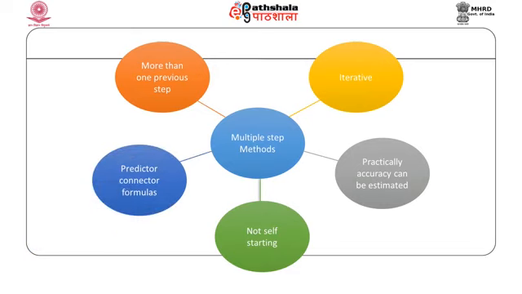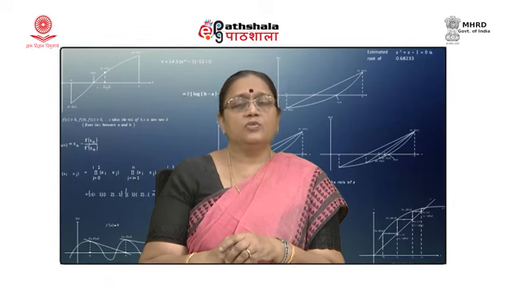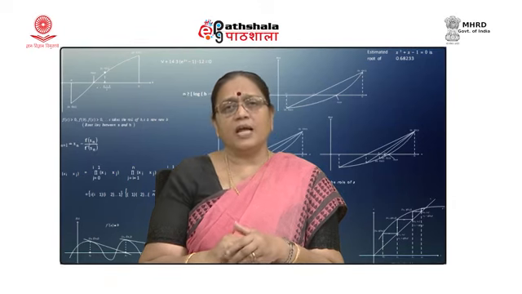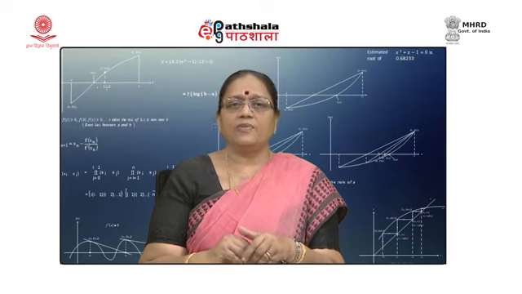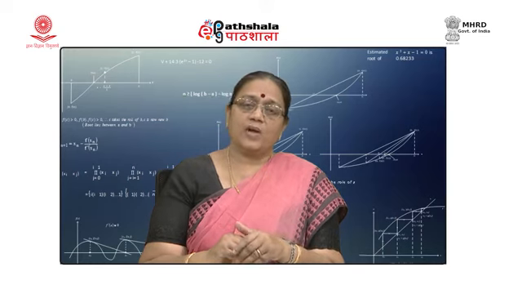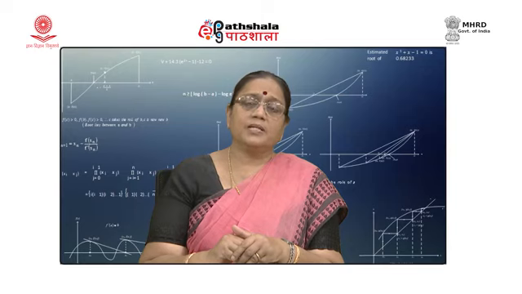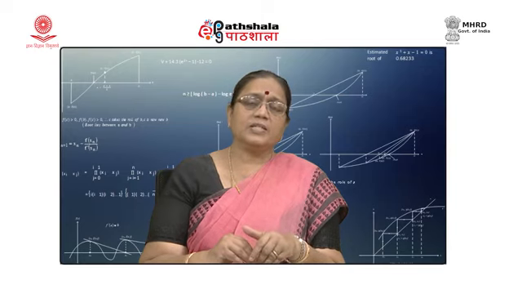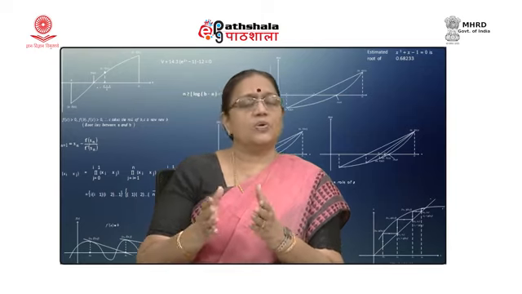Obviously, because they use more than one previous step, they will not be self-starting. Suppose a multi-step method uses the results of 3 previous steps or 4 previous steps. So, in order to compute y4, I need the values of y0, y1, y2 and y3. So, y at x4 can be calculated using the values y at x0, y at x1, y at x2 and y at x3.